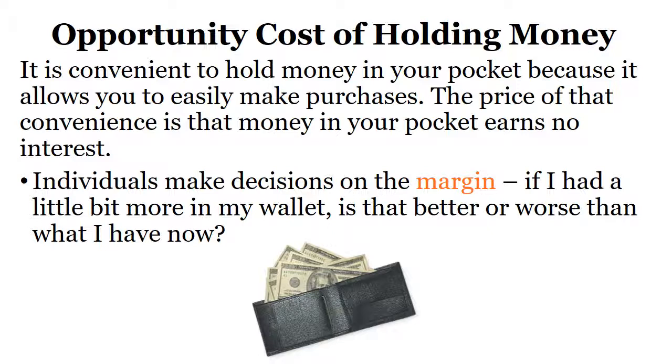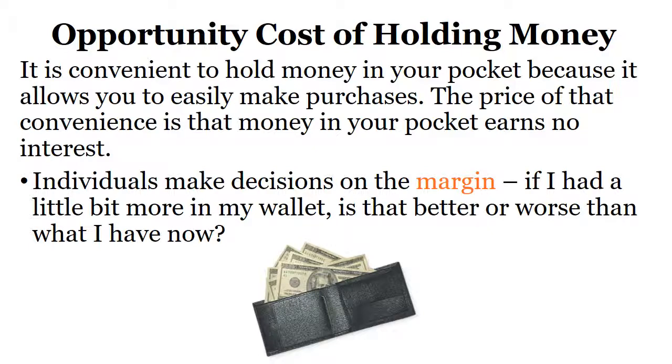So another review term is margin. Remember, margins are these marginal decisions, these small changes. And when people are thinking about cash, they're thinking about decisions on the margin. If I had a little bit more money, would I be better or worse off?